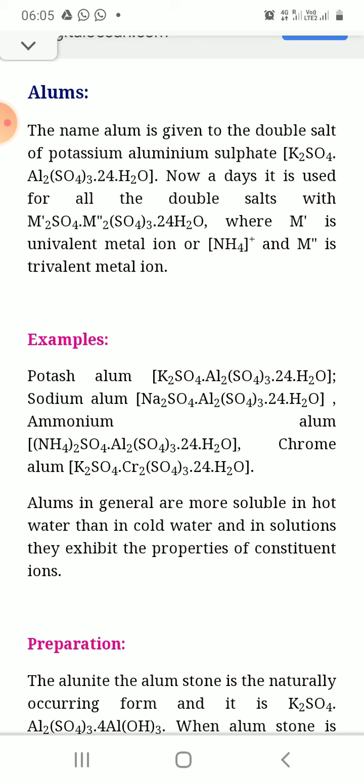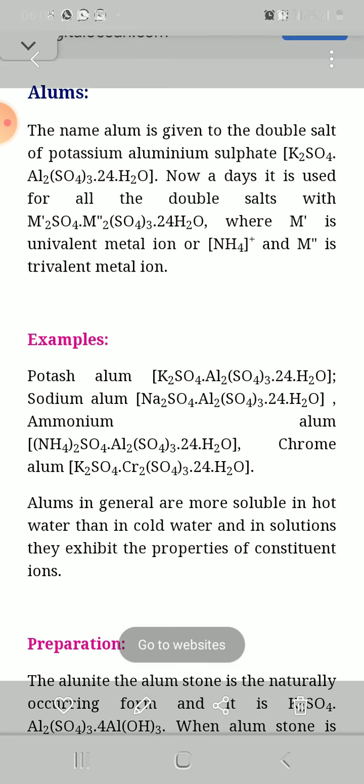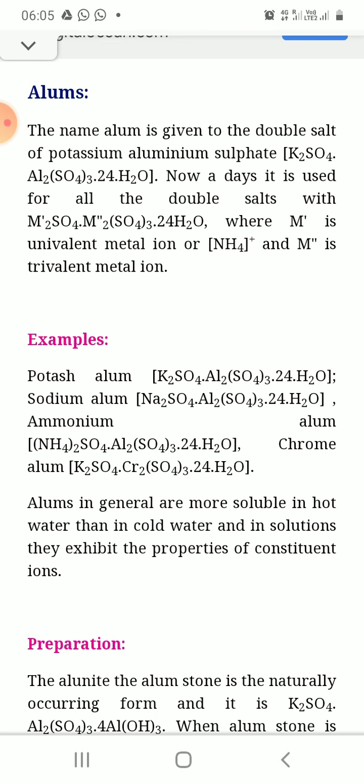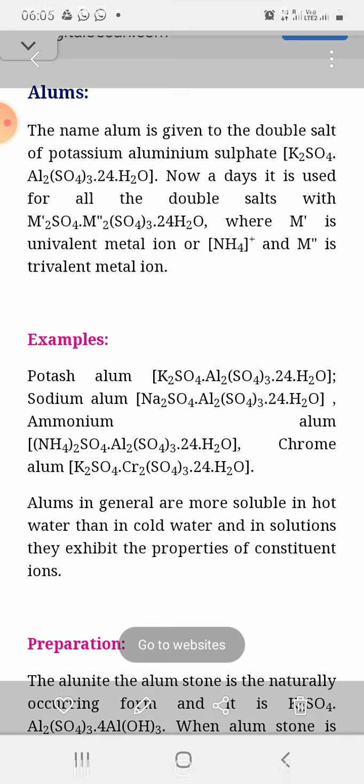Ammonium alum means ammonia, (NH4)2SO4 Al2(SO4)3 24H2O. So this is the ammonium alum. Then chrome alum, K2SO4 Cr2(SO4)3 24H2O. These are the examples of alums: potash alum, sodium alum, ammonium alum, chrome alum.